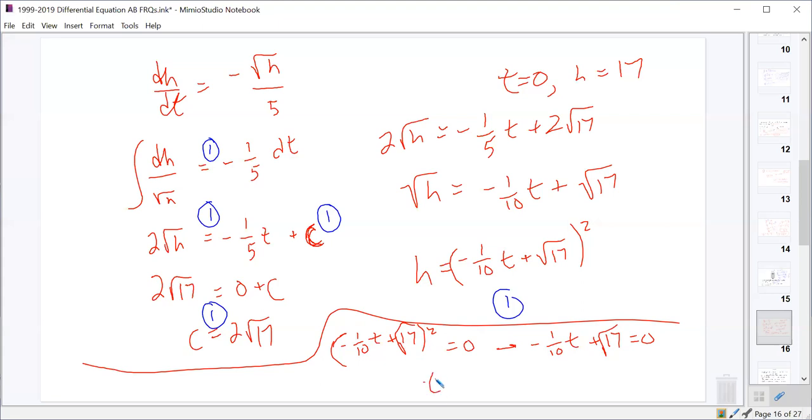That'd be when t equals, subtract the root 17 is negative root 17 and multiply it by negative 10. It would be 10 root 17. And that was 1 point for part C. Any questions at all on that?